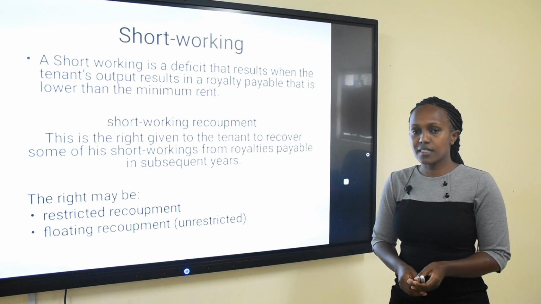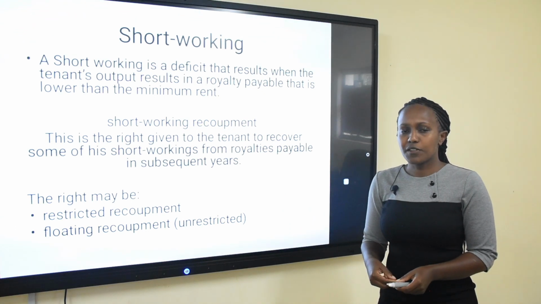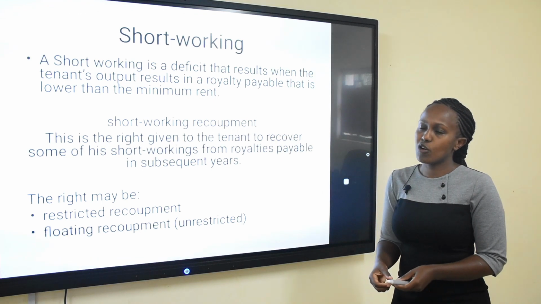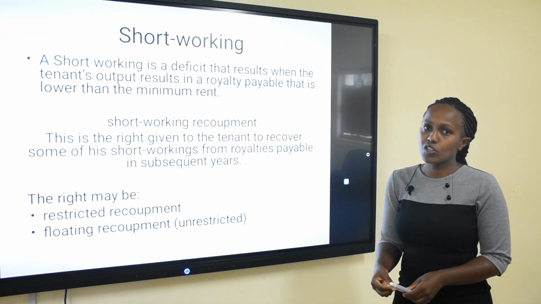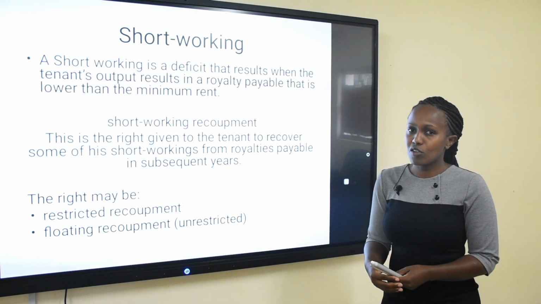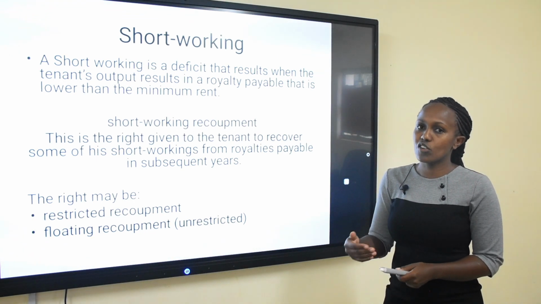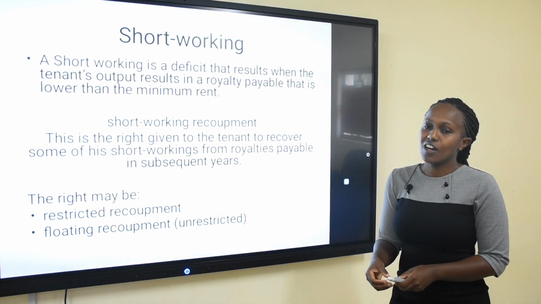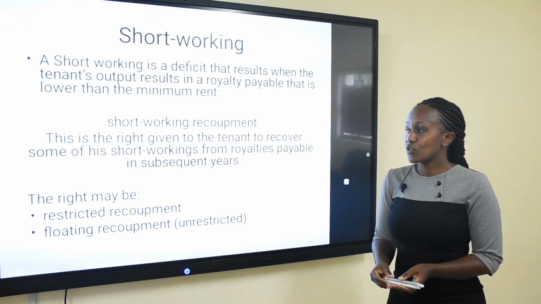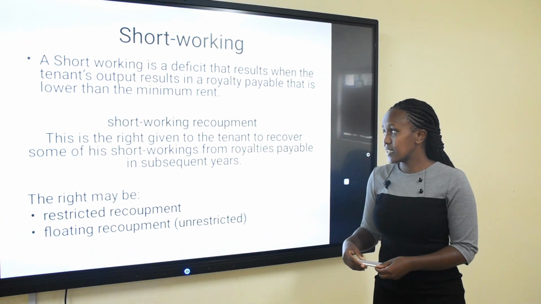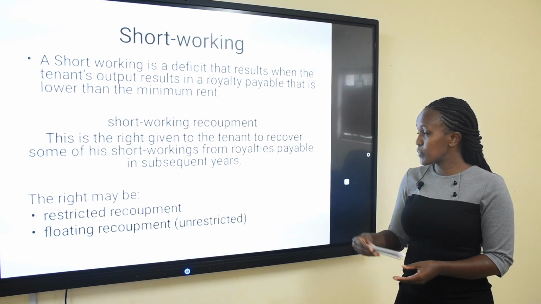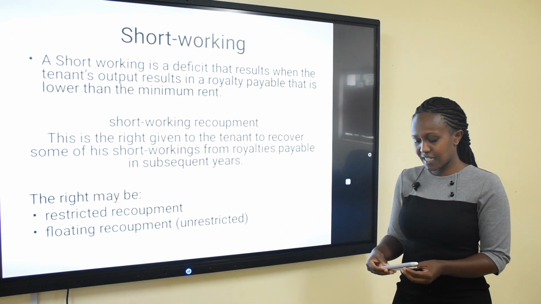What we mean by this is that probably after 2 years, if the tenant is able to manufacture or to get enough output, whereby now the royalty payable, let's say, is 50,000, he can request the landlord to recover the amounts that he lost in the initial stages of the agreement in form of short working. So a short working recoupment is a right that is given to the tenant to recover some of his short workings from the future or from the subsequent years.